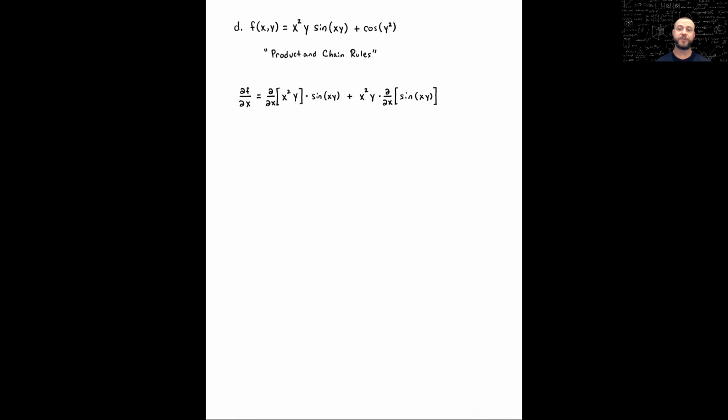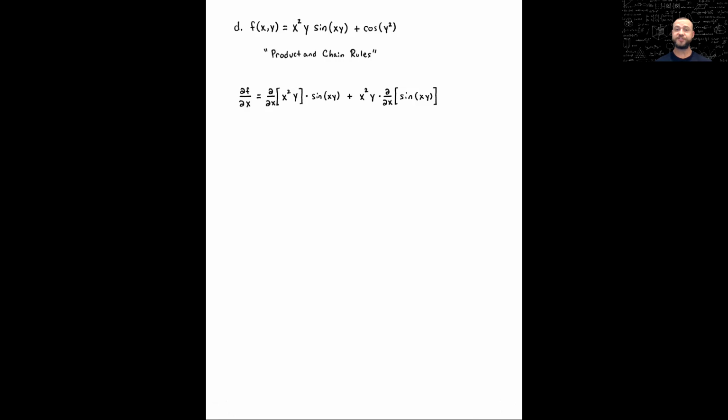So we're going to have to use the product and chain rules for each of the x and y partial derivatives. That's why this one's a little more complicated than part C. Part C only required the product rule being used once. For part D here, we're going to need the product rule for both partial derivatives.